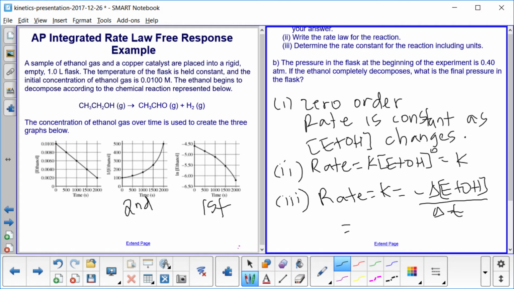So minus change in ethanol concentration. I'll just pick 2 points here. So let's pick the top and the bottom so that it's the easiest.